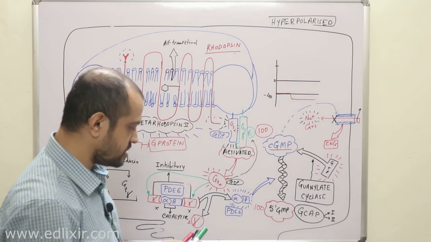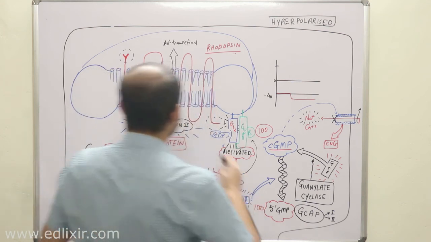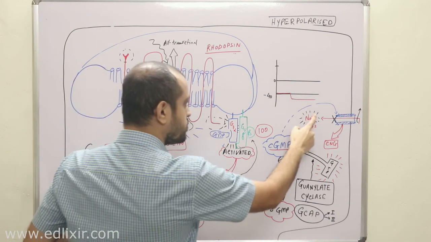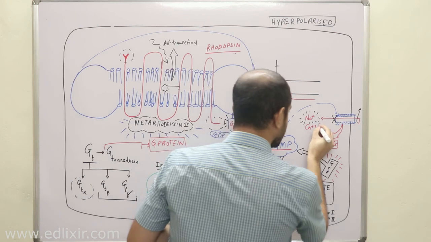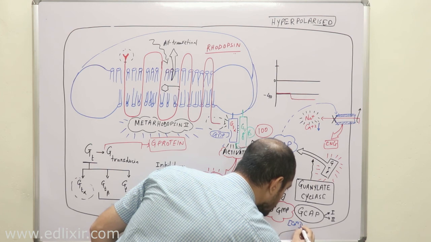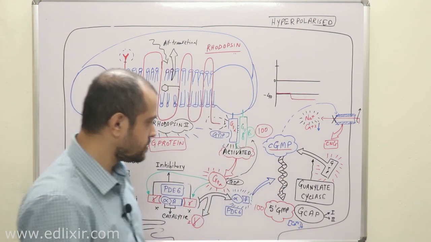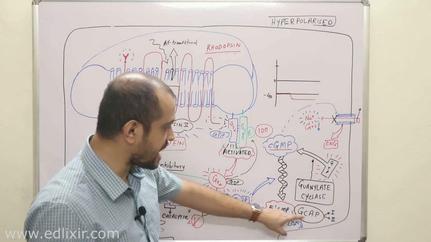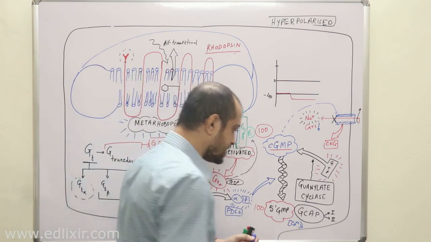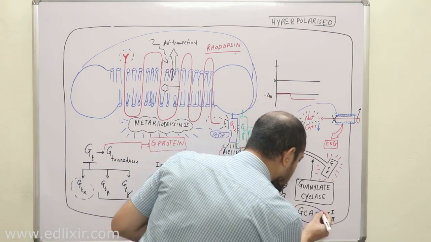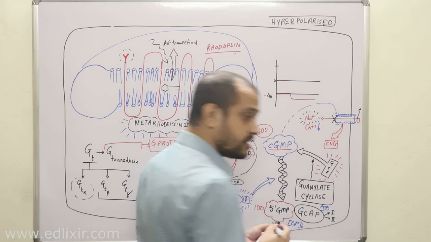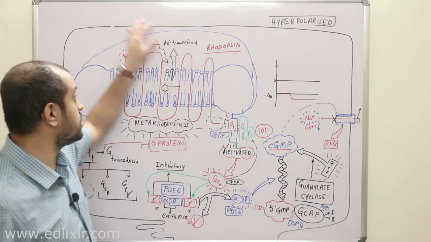Now it is very important for you to understand that whenever light falls here, there is ultimately a drop in sodium as well as a drop in calcium concentration. Now listen, the drop in calcium concentration is actually activating this GCAP protein, and the guanylate cyclase activating protein is activating guanylate cyclase to work more after light falls on it and it is again dark.